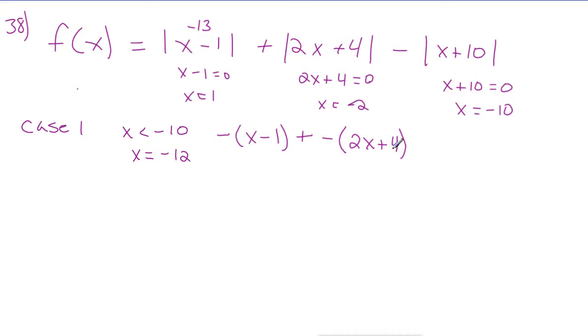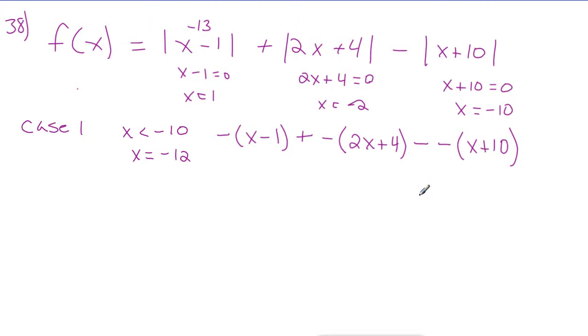And then lastly, if I put negative 12 into the last expression, negative 12 plus 10 is negative 2, but I want that to be positive 2, so I would negate this expression. But we have this minus sign here, so I'm just going to bring that minus sign down first, and now I'm negating this. So now I'm doing negative x plus 10.